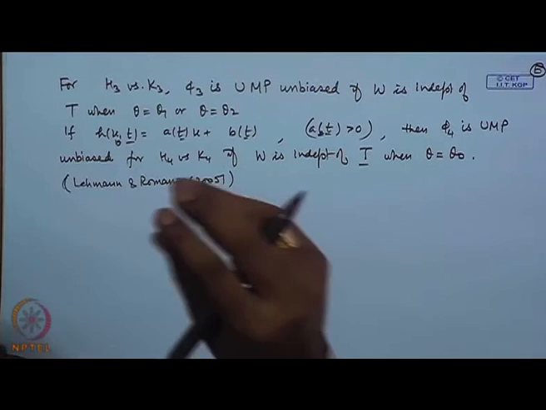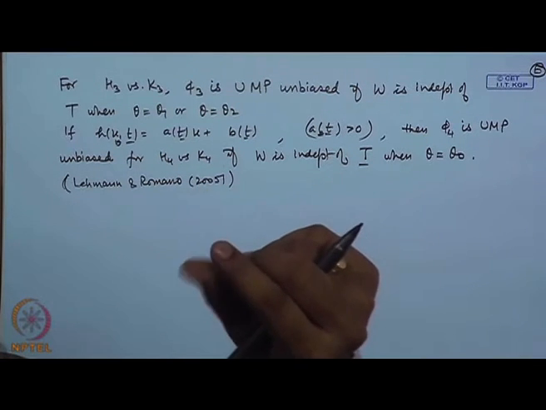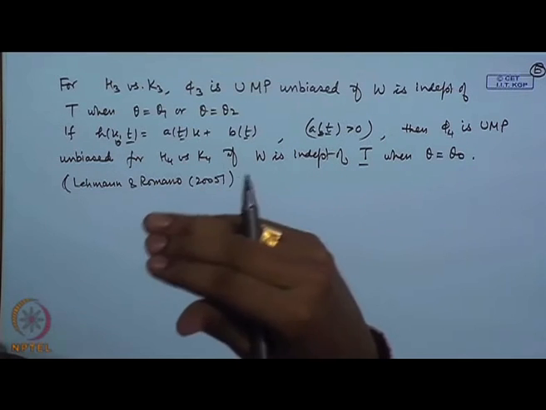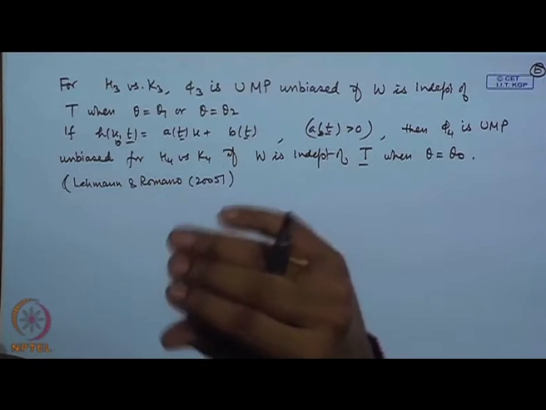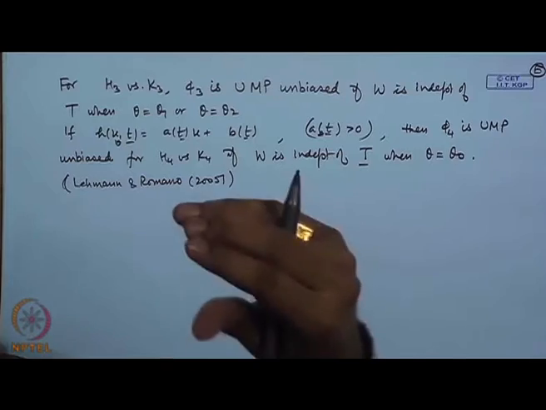Now, in order to have the independence of W and t, we will usually require certain results which we can use for independence. One of the important results for proving independence: remember here, either u or t is sufficient. In fact, in the full version, u and t are complete and sufficient.